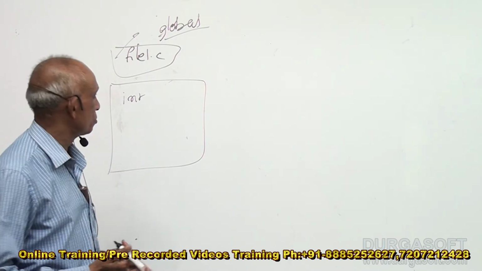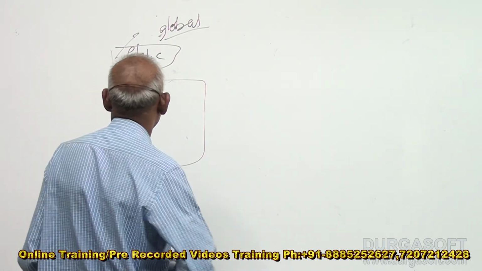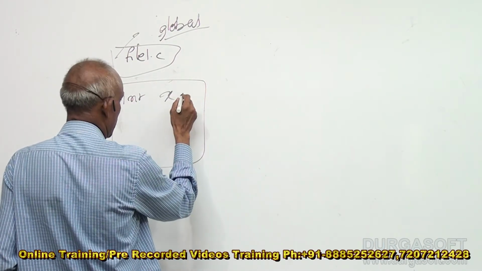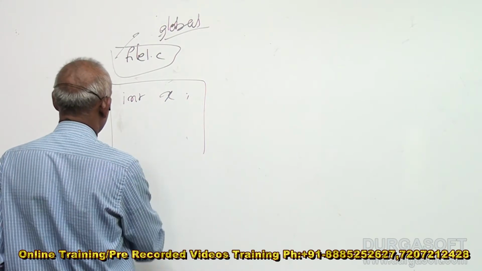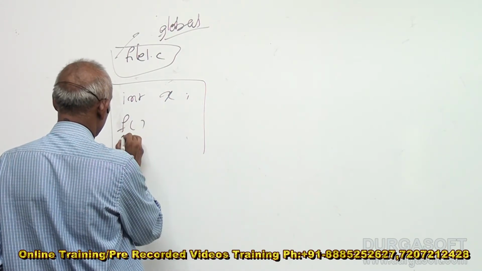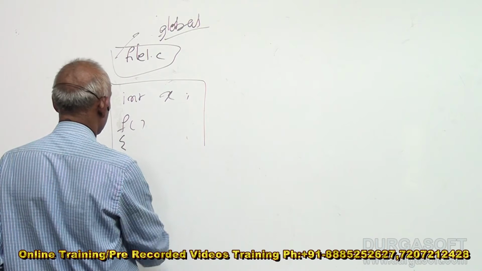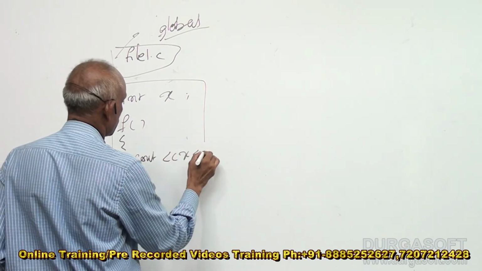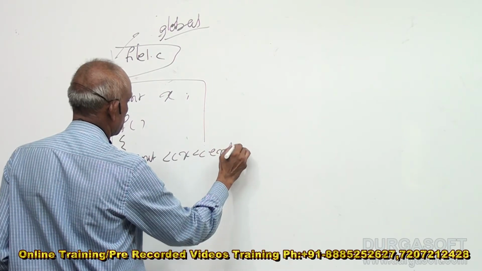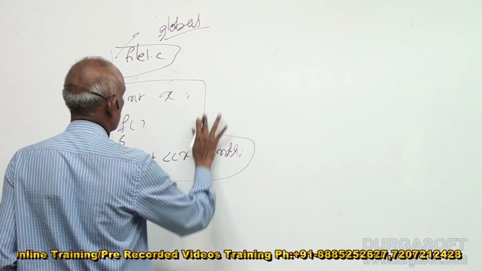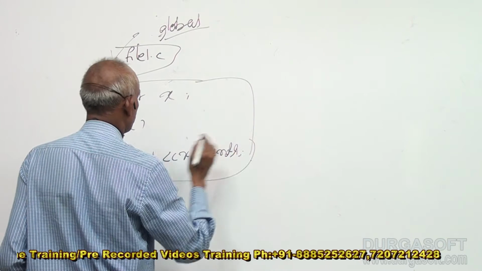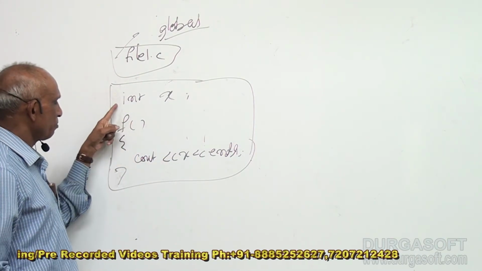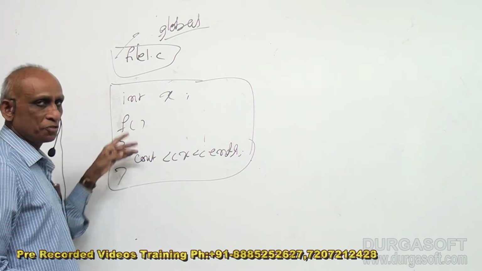They do not belong to any particular function. Suppose in this file there is int x, and suppose there is a function which is using this variable, say it is displaying x. So there is a global variable here outside any function, and a function is using it in this file.